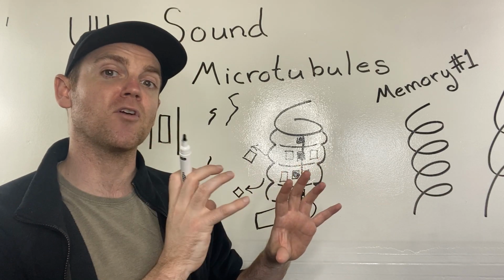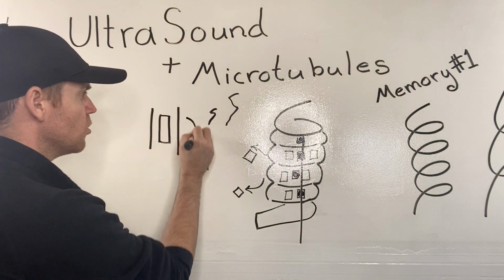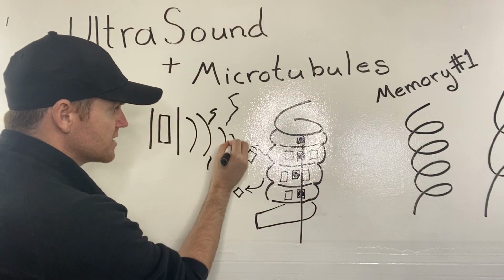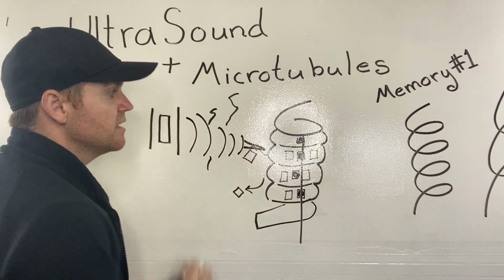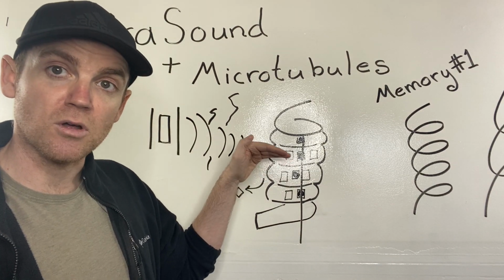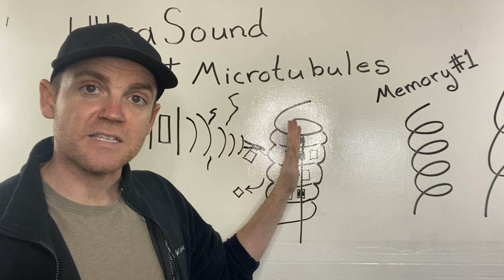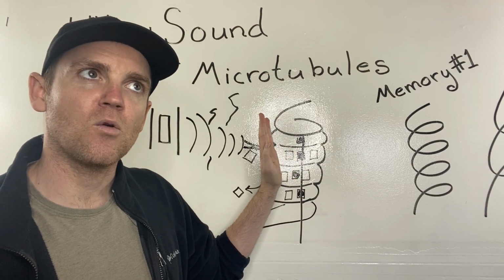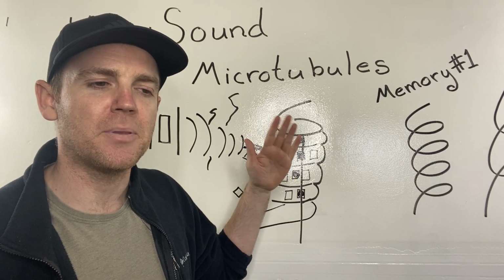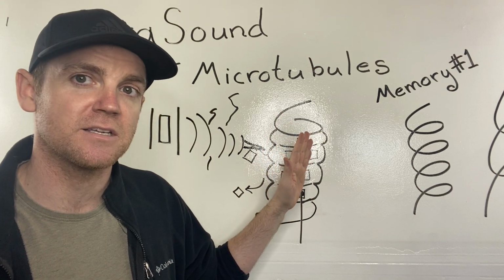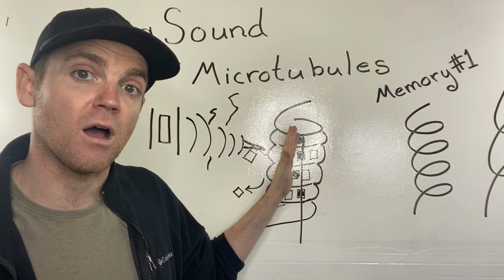Ultrasound seems to put a frequency in. Ultrasound kind of vibrates and resonates and targets into the microtubule, and the way it resonates, the microtubules have a built-in error correction process where they can tell if something's wrong.